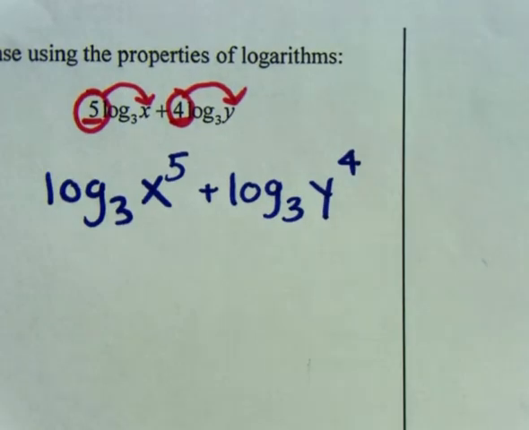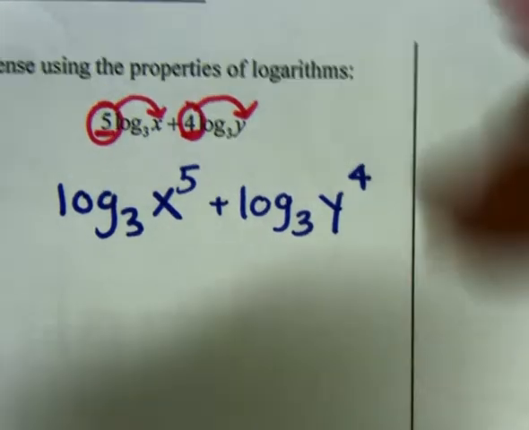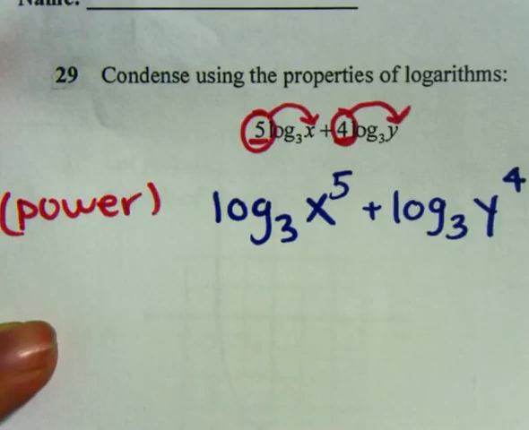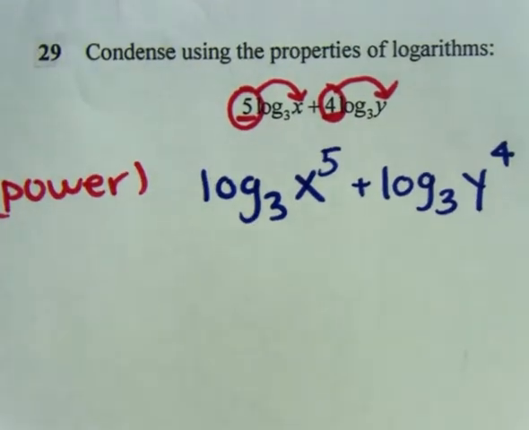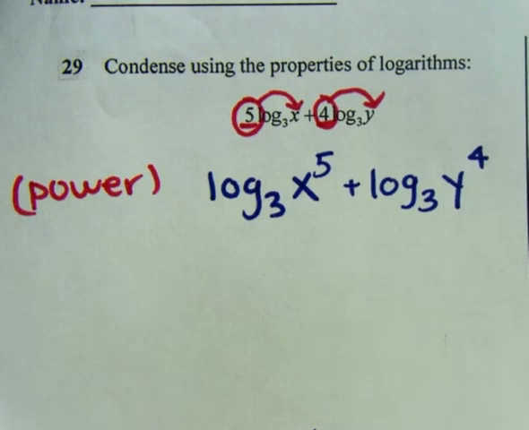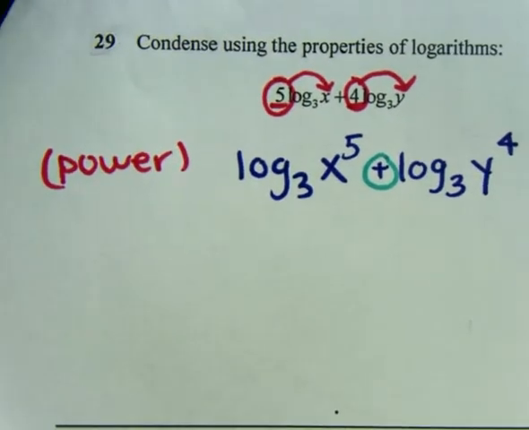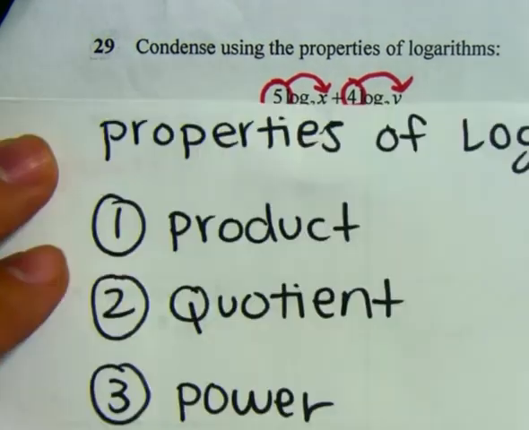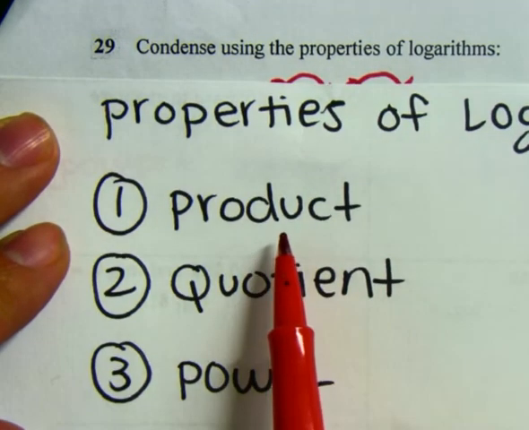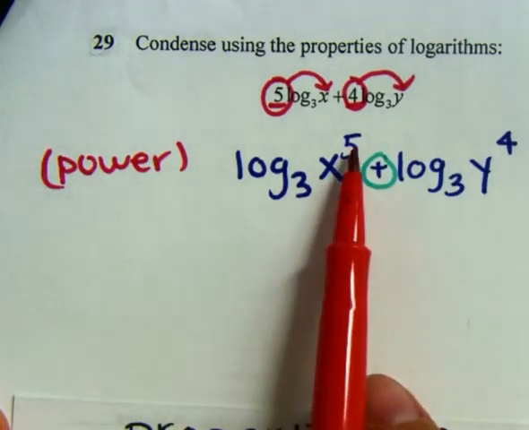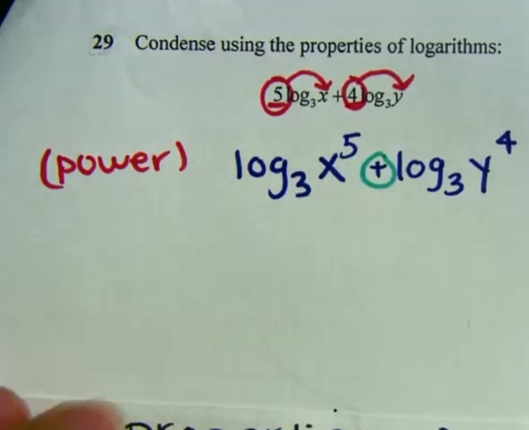Okay, we can keep condensing. I'll just write here, we did the power property. So we can keep condensing. I have this operation plus between my 2 logs. The property that tells me to go backwards is the product. So we have to take the x to the 5th and the y to the 4th and multiply them to each other.